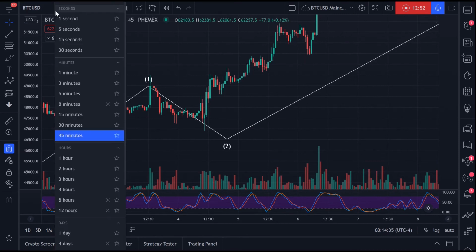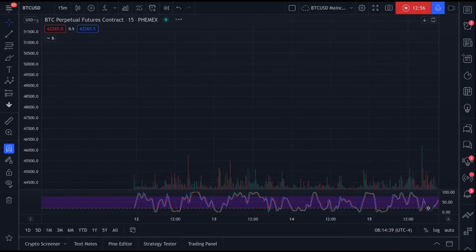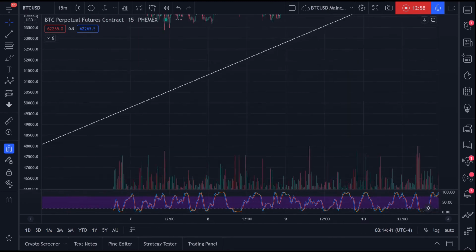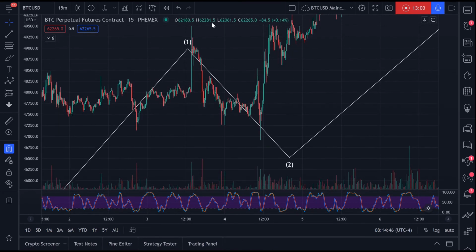So again, you look at the B wave, you go into smaller time frames. First, you go into maybe a 15 or 8 minute time frame, and you try to count the waves down. Two wave is a corrective wave, so it's going to be an ABC, right? So you see the A, you see the B, or actually this is the A, this is the B. Wait, let's see.